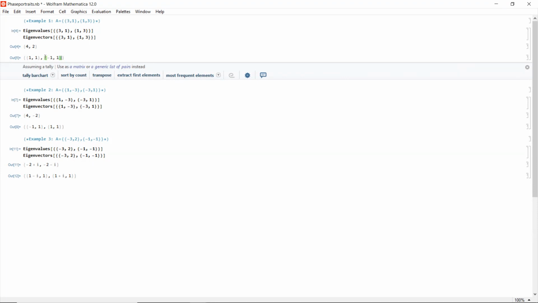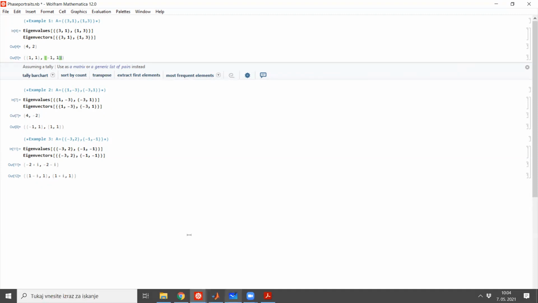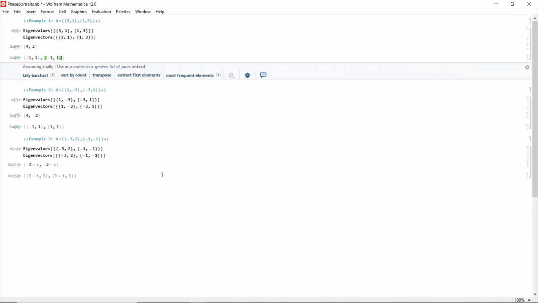If you compute the dot product of both of them, we get 0. So when we have a symmetric matrix, if we compute one eigenvector, then we can know the other without computation. We just put it perpendicular to the first, but only in the case of a symmetric matrix.